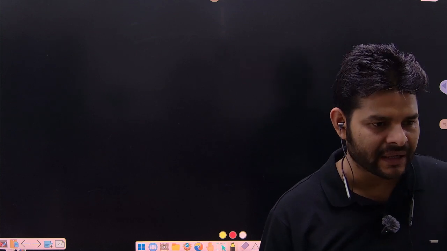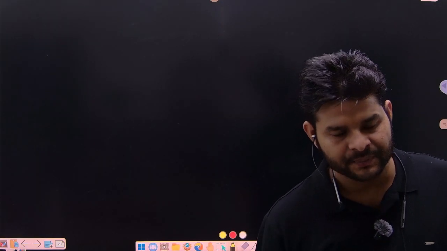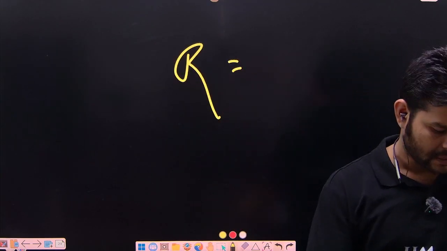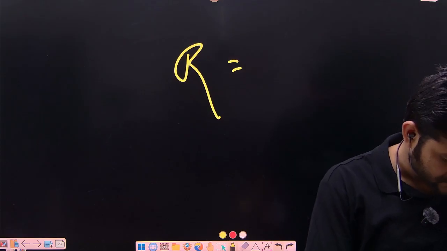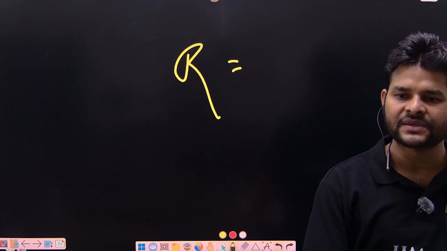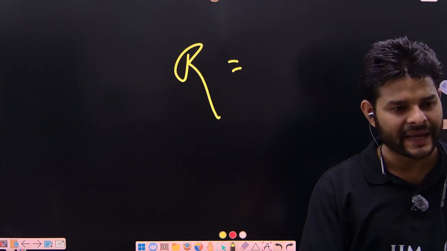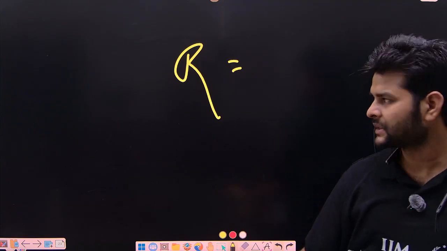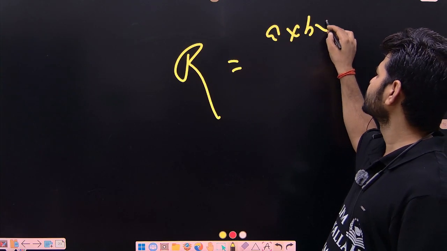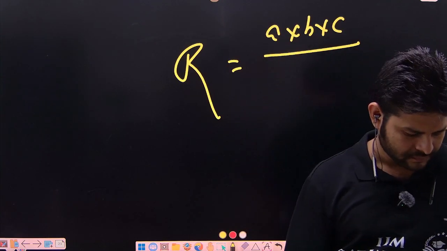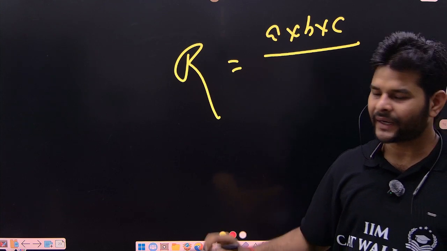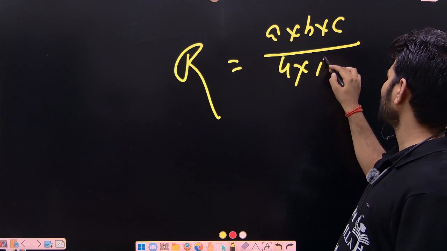So for a right angle triangle, the circumcircle radius would be just half of hypotenuse, but the general formula would be R is equal to ABC, where ABC means the lengths of the sides of the triangle. So ABC upon 4 times the area of the triangle.